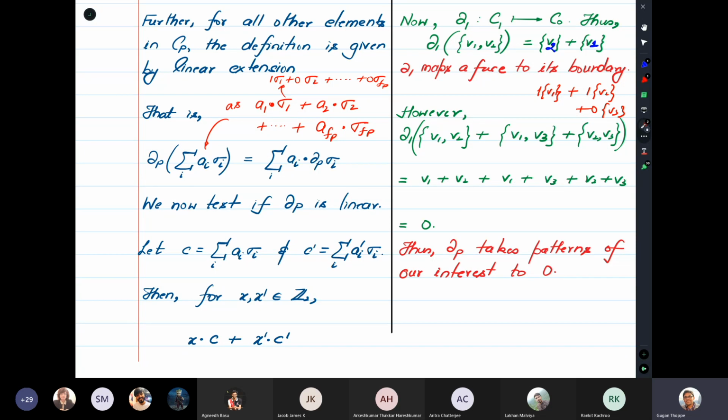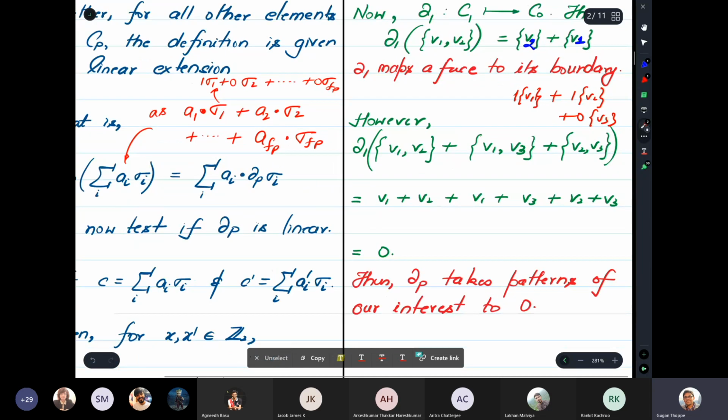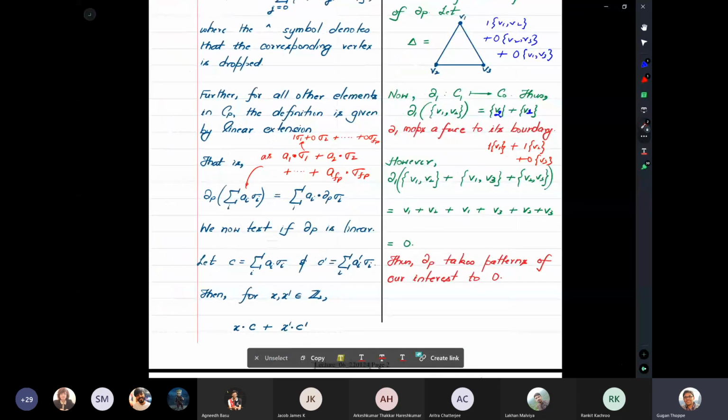Let me pause here for a second or two. I hope from this definition it is clear how ∂_p needs to be defined for any given p-chain. This definition covers all possible cases. Maybe we will look at an example and that will make things a bit clearer.